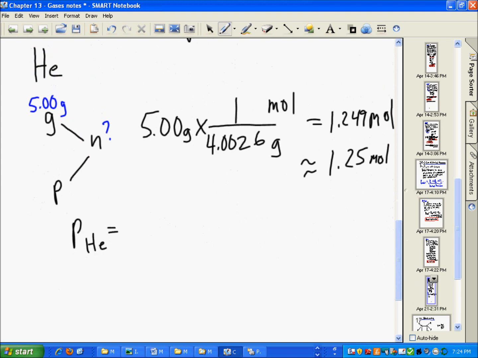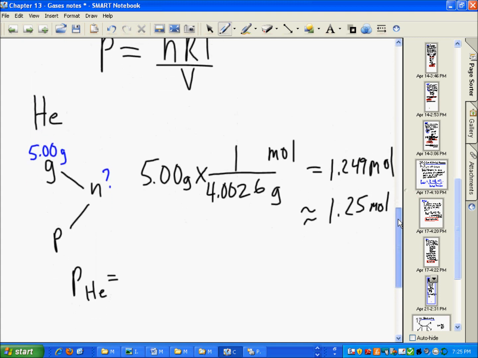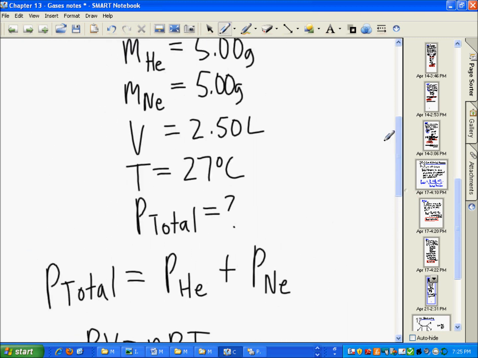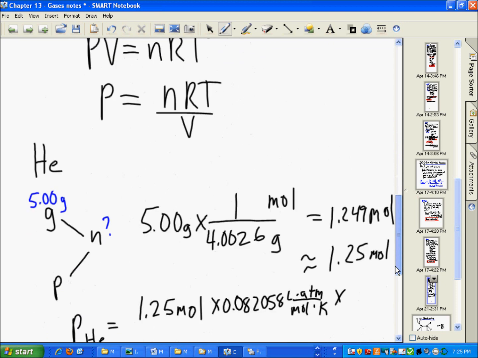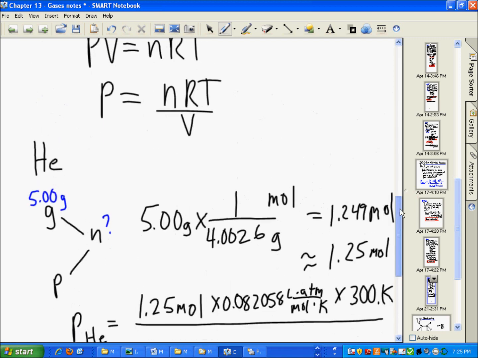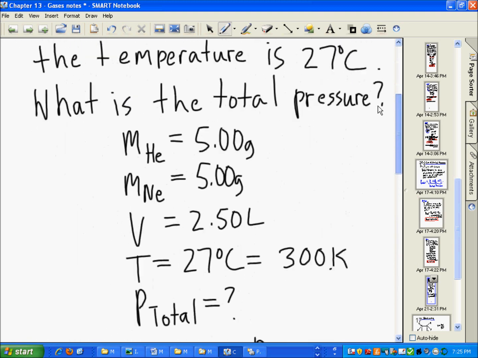P helium equals 1.25 mole times 0.082058 liters atm over mole Kelvin times the temperature, and the temperature was 27 degrees Celsius, and we have to add 273 to make that Kelvins. 300 Kelvin, I think, times 300 Kelvin over the volume, which was 2.50 liters.